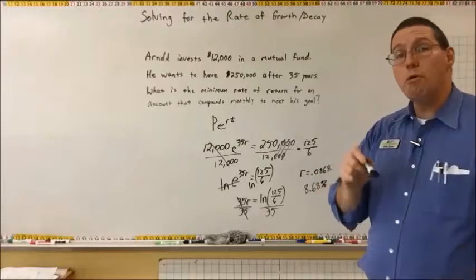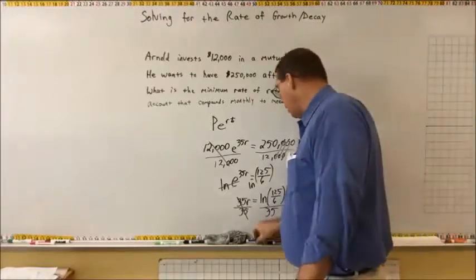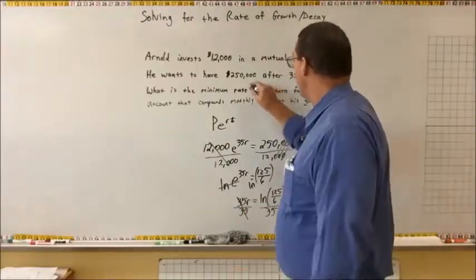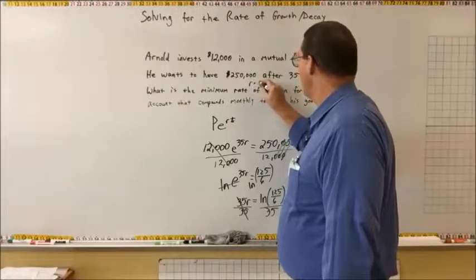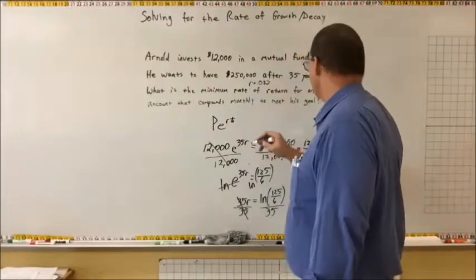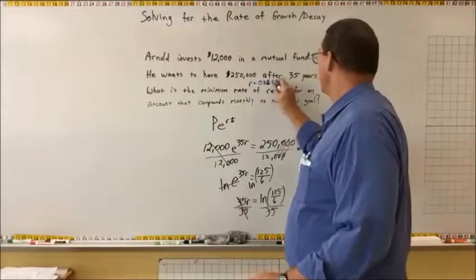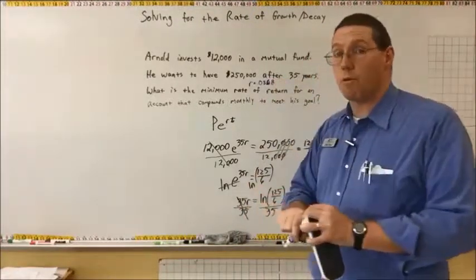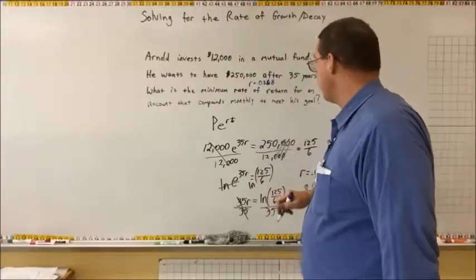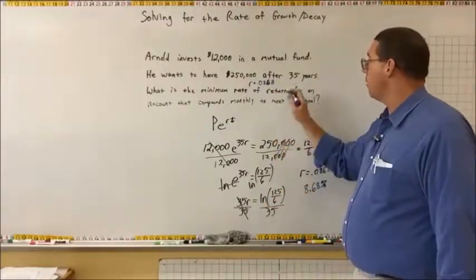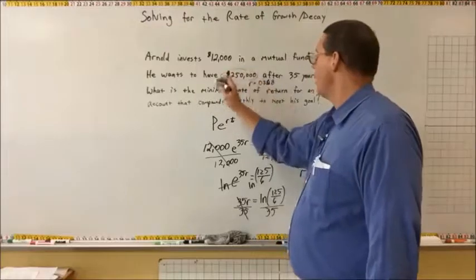Now, I want to prove this to you by putting in an r of 0.0868. So we're going to go ahead and do a discrete growth problem at 0.0868, and we're going to see if it comes out to $250,000.